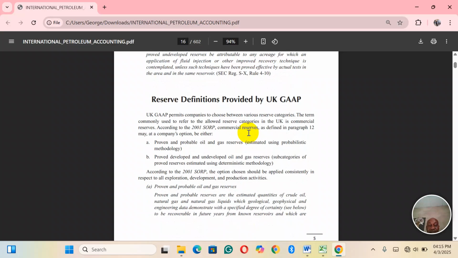Now we're looking at the reserve definition provided by UK GAAP. UK GAAP permits companies to choose between various reserve categories. The term commonly used to refer to the allowed reserve category in the UK is commercial reserves.